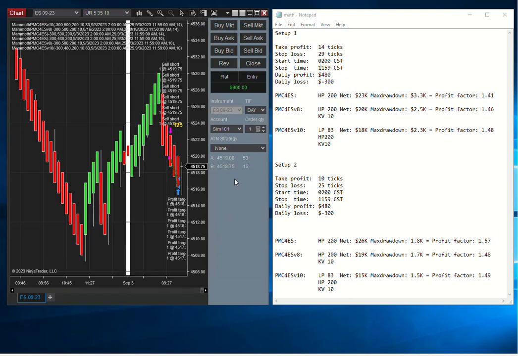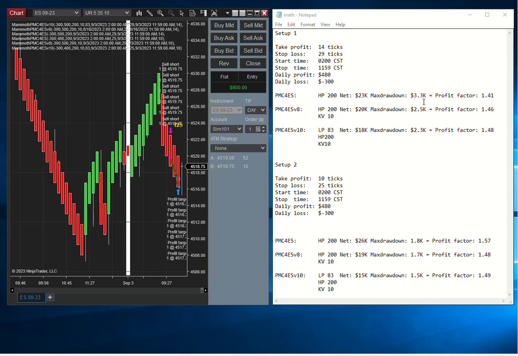You can see the setup one, the net for PMC 4ES, you look at 23K. That is one contract per trade over the 1 year period, and your max drawdown is 3.3K.